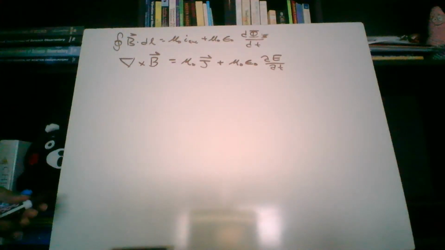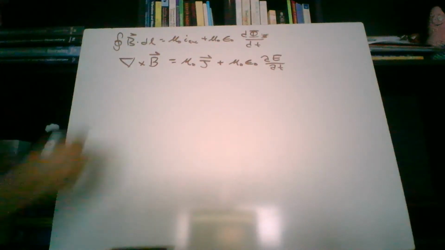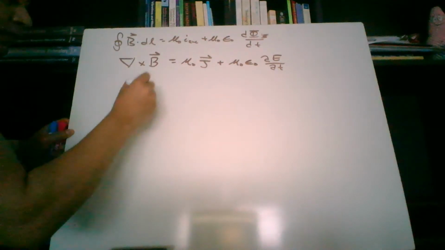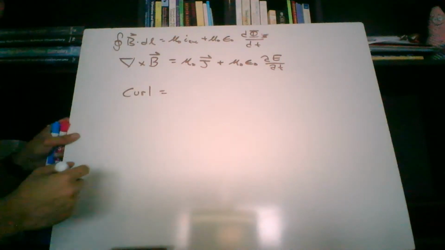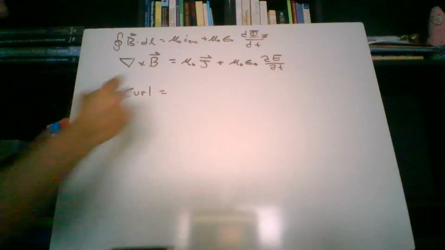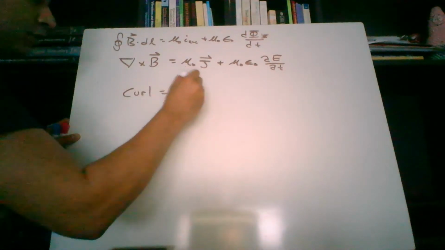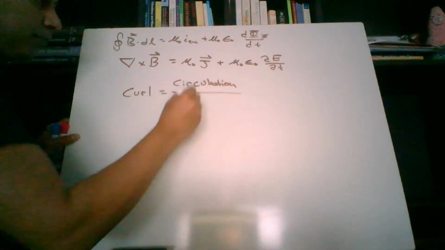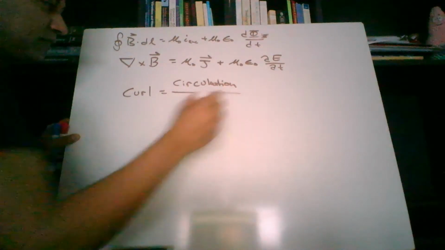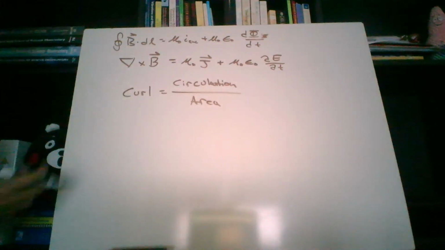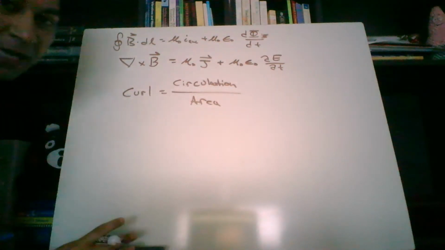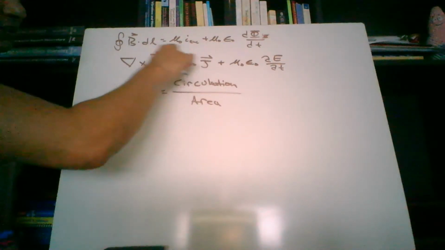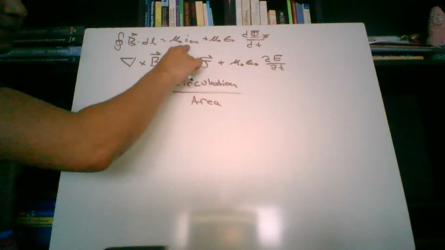So the way I see it is curl, this thing right here, I think of curl as equaling the circulation divided by the area. So that's my definition. Well, it's not my definition.